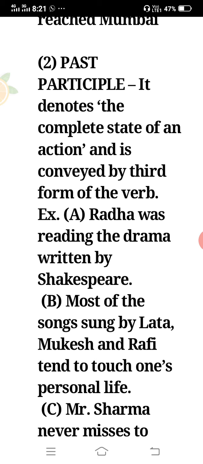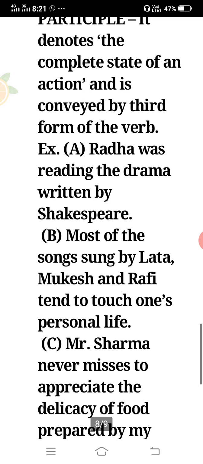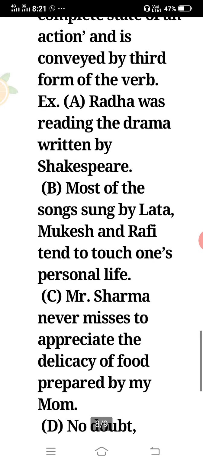And as I noted previously to keep in mind the ing form to denote the continuity, in the same way, keep it in mind, to denote the complete state of action, always use the third form of the verb without any hesitation in any tense, in any sentence, in any period of time. Okay, third form of the verb. So here it is denoting the complete state of an action, so the third form of the verb should be used.